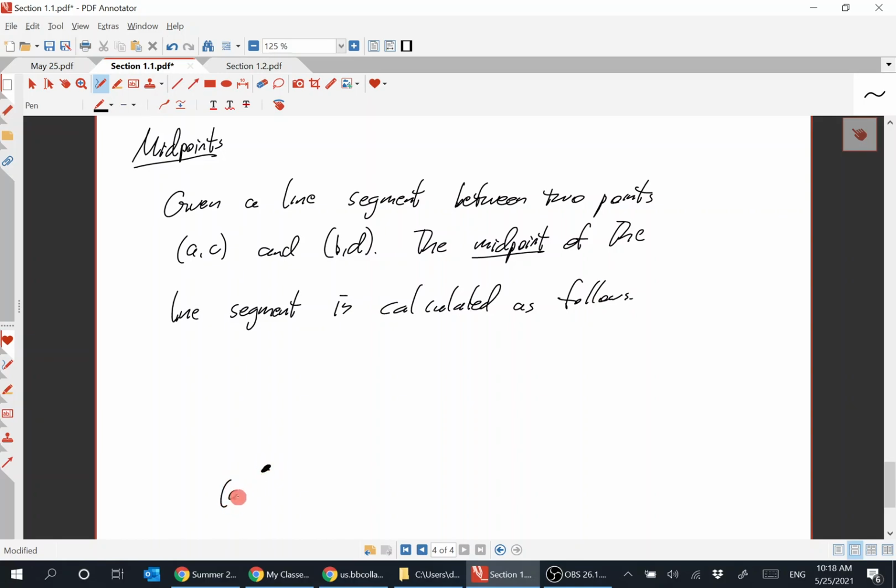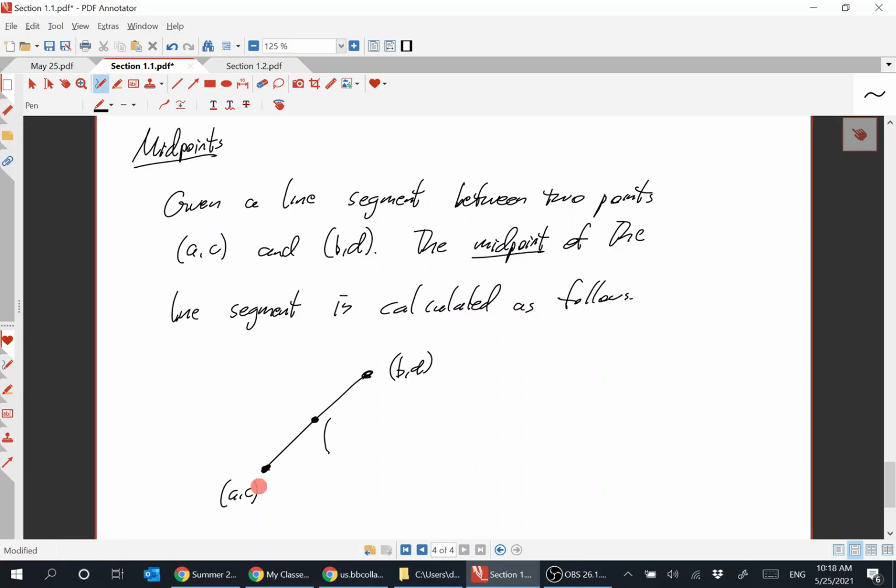So here's your A, C. Here's your B, D. And there's the line between them. The middle center of that line segment has a real easy way to calculate it. You just take the average of the x-coordinates.